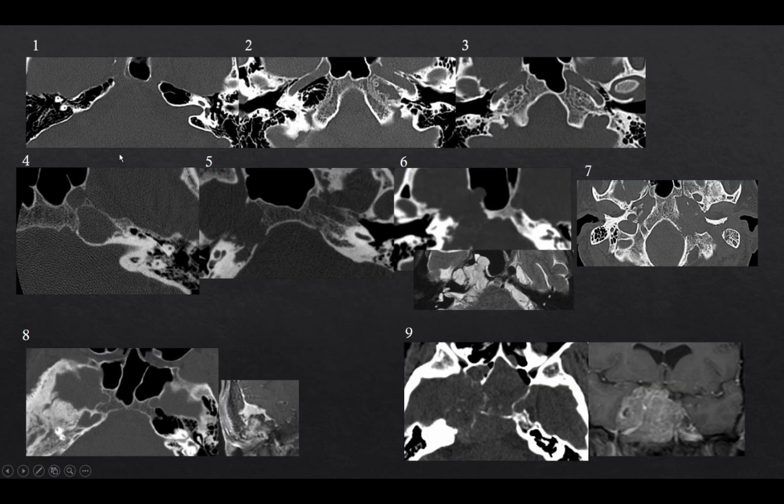Now let's summarize what we talked about. We have these non-expansile, essentially normal variants, pneumatization of the petrous apex, which can be symmetric and highly variable.